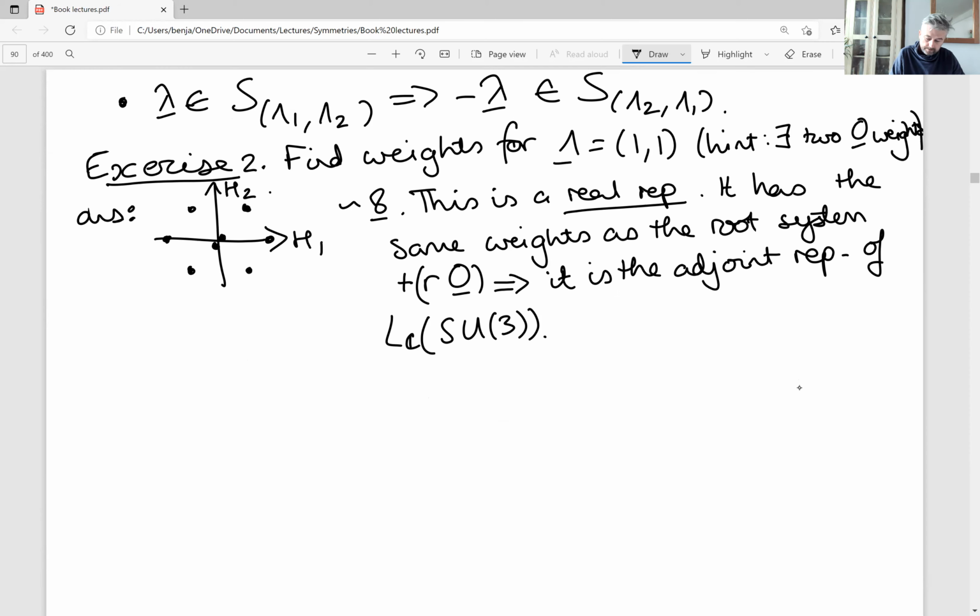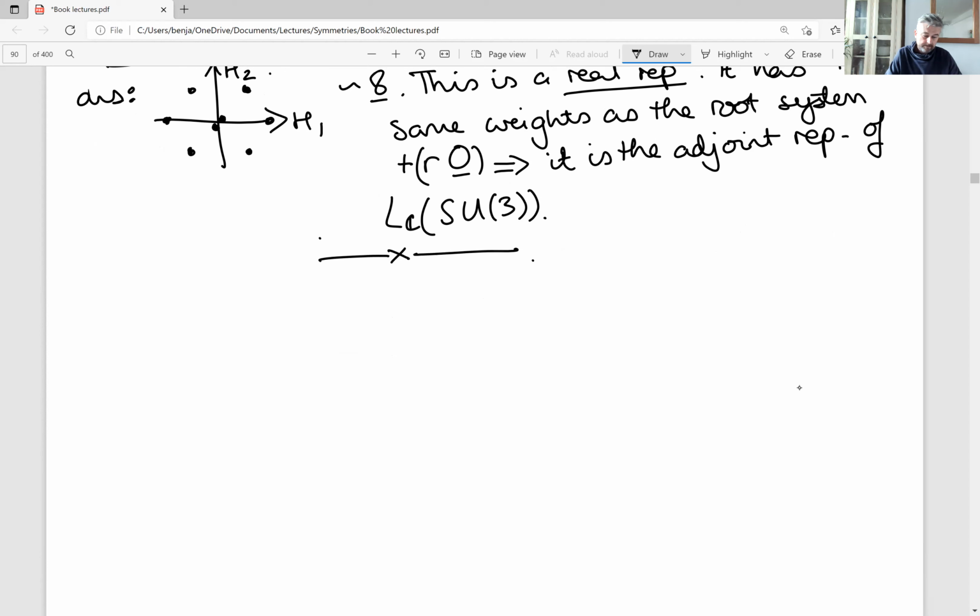Okay, good. Now, let's talk about tensor products of representations.